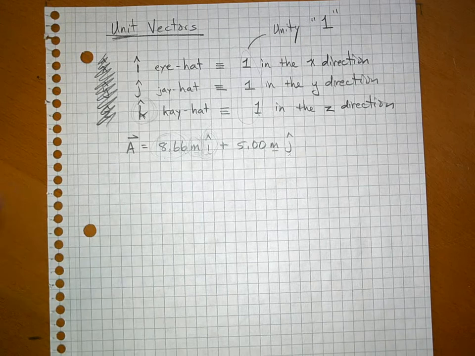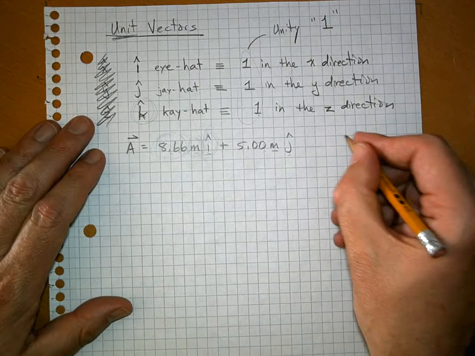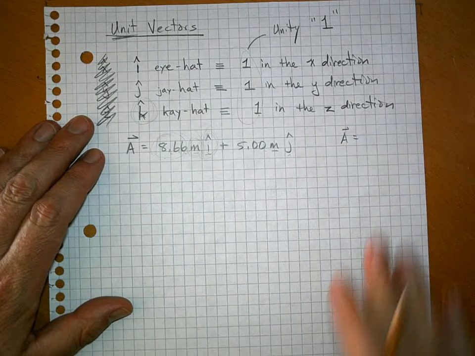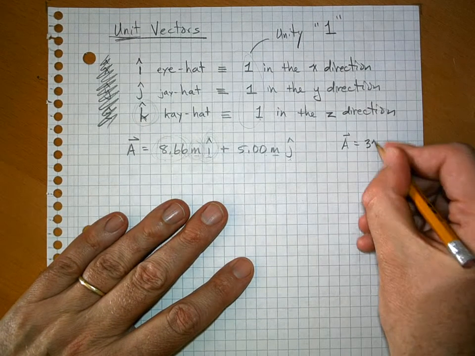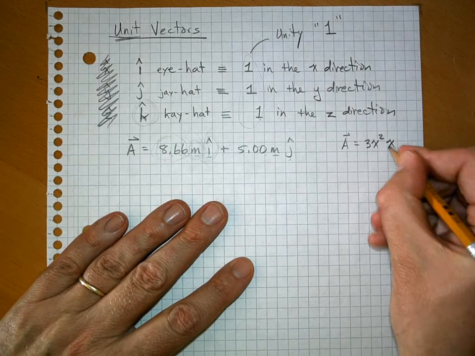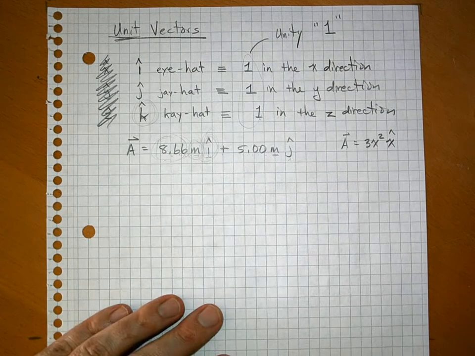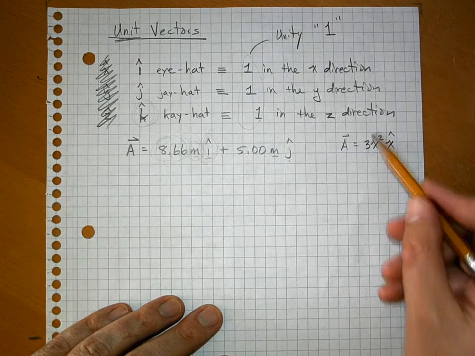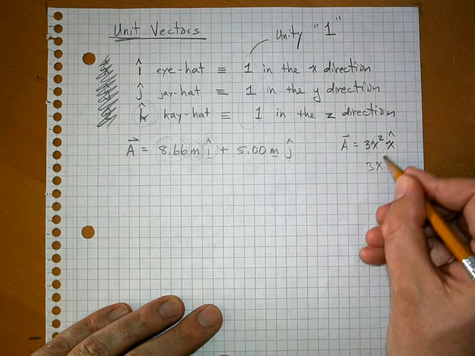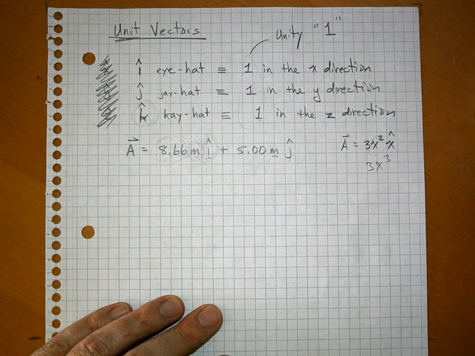What would happen if somebody said, well, vector A expressed in terms of some x is 3x squared in the x hat direction. Well, what is a beginner going to do? They're going to say, oh, that's 3x cubed. And that would be completely wrong.